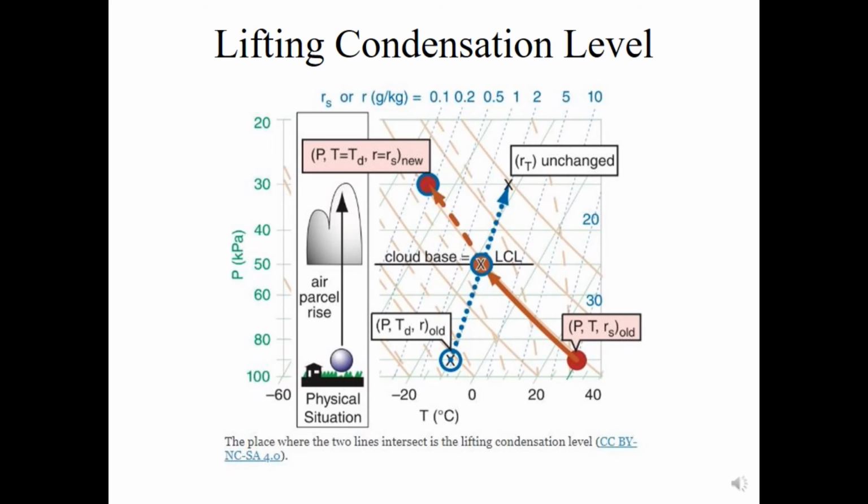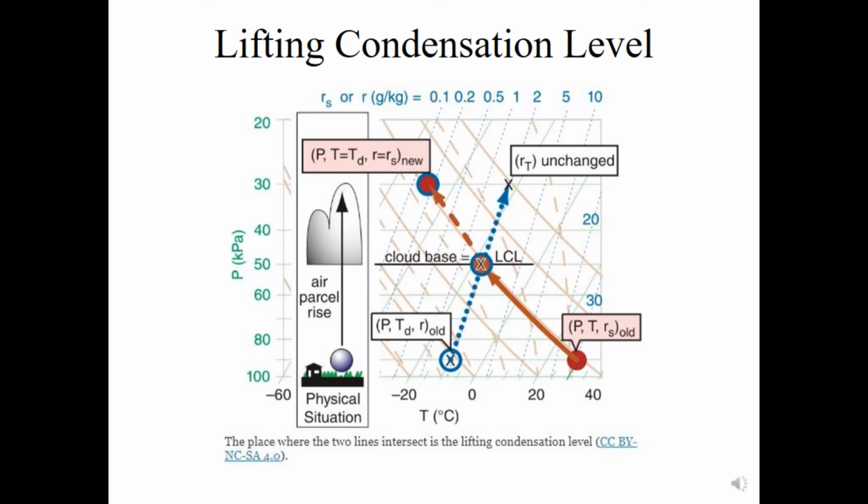So on the right, what we have here is a skew-T diagram. We have temperature on the x-axis and pressure on the y-axis. And we have an air parcel which has an initial pressure, temperature, and saturation mixing ratio.